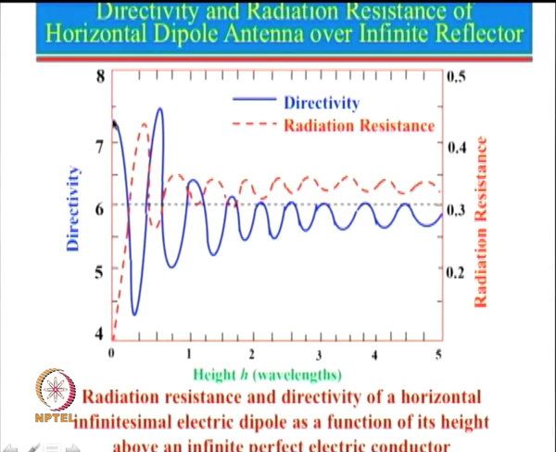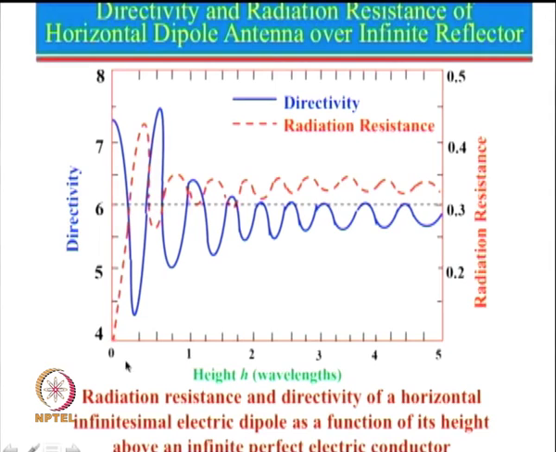So, there was the concept in the beginning of something like a super directive antenna, in the sense that we can increase the directivity significantly even though the total height is much smaller. But at that time only there was another problem. Notice that if you keep it very close to this, the input impedance is close to 0, and if the radiation resistance is close to 0, that means impedance matching will not happen.